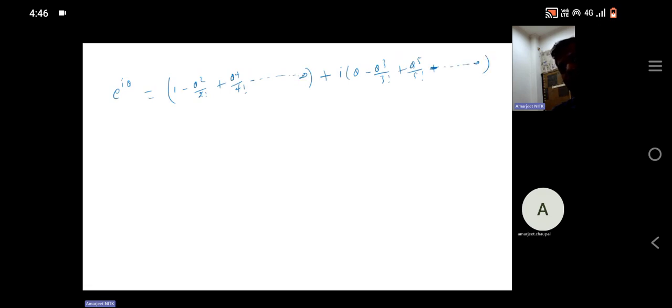Here also up to infinity. So this is what? This is the expression for cos theta.